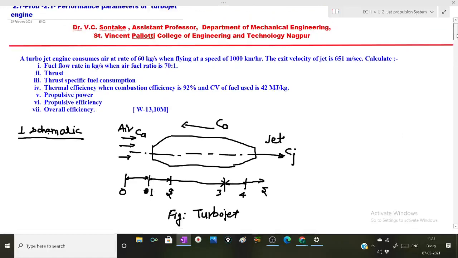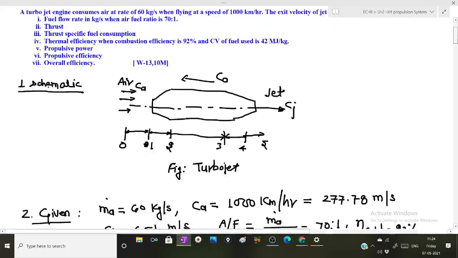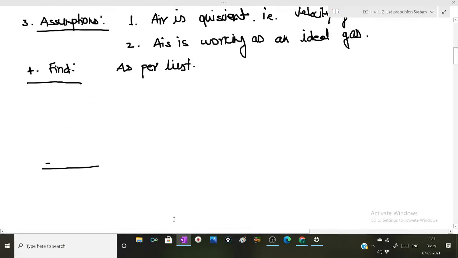Fuel flow rate in kg per second when air fuel ratio is 70:1. So let us calculate one by one, point wise.